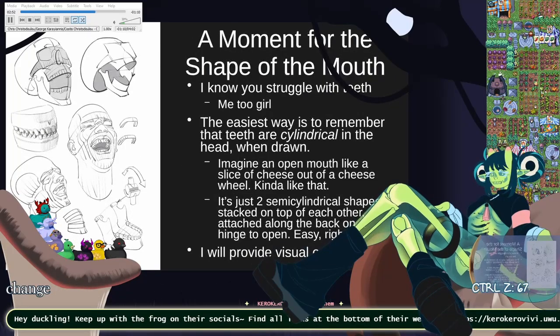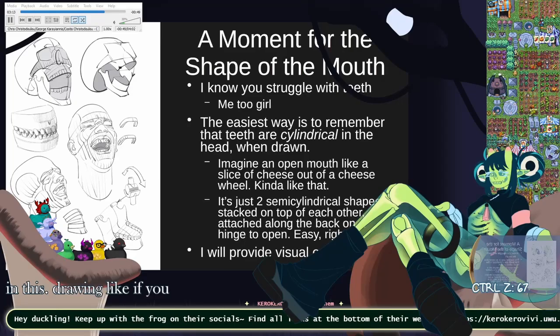The shape of the mouth that the mandible forms is kind of important. I feel like it's really hard to draw mouths because nobody understands how they really work, and it's really easy to understand if you think of them more as two semicircles that are connected by a hinge in the back, which is shown really succinctly here in this drawing.